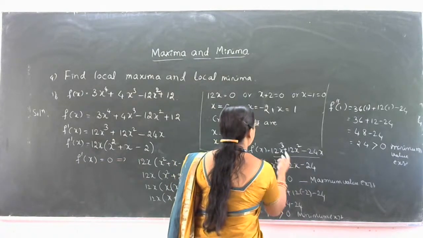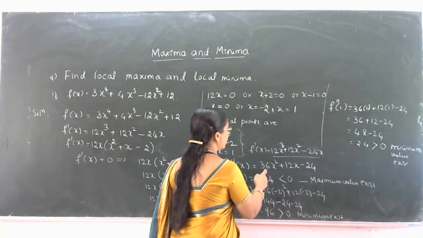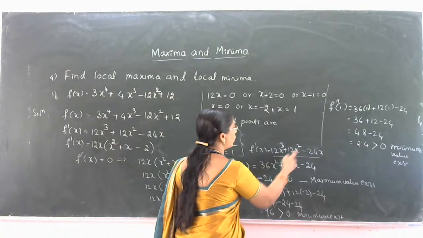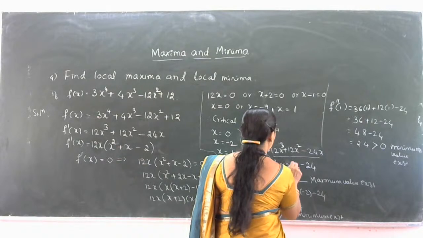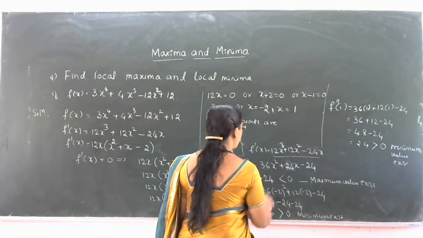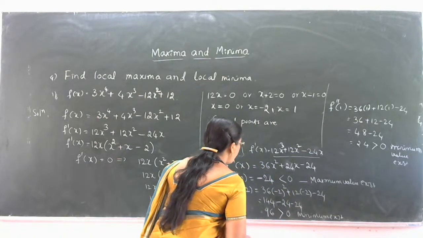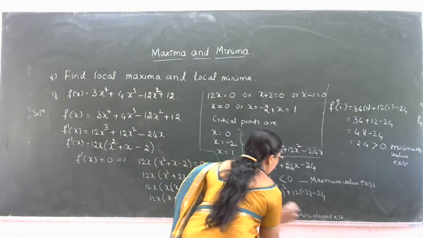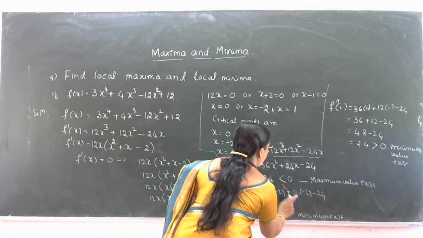We find the second derivative: 12 into 3, 36x square plus 12 into 2, which is 24x, minus 24. At x equal to 0 it is minus 24, which gives a maximum value.